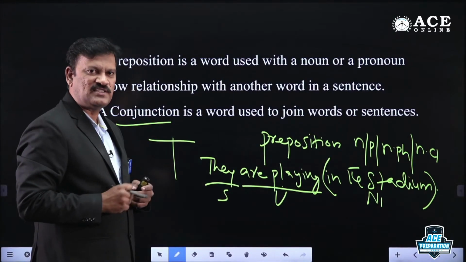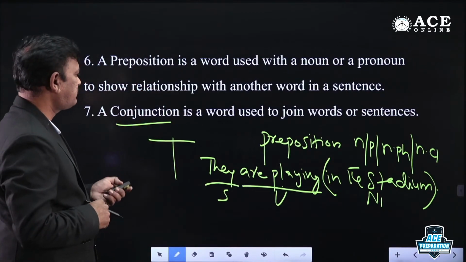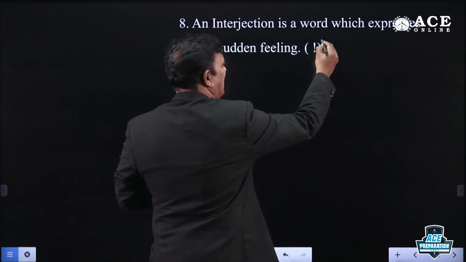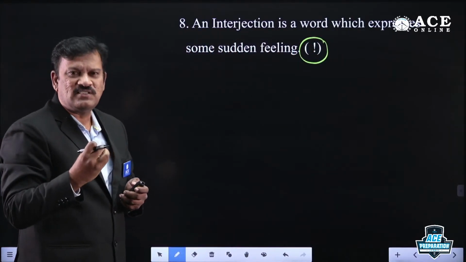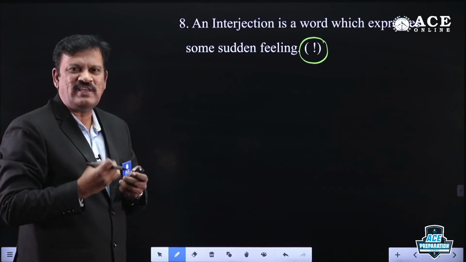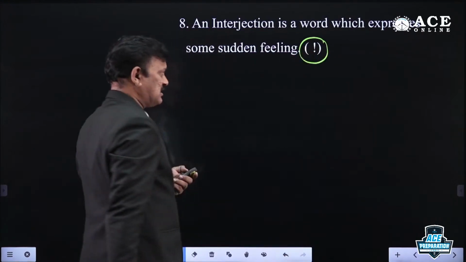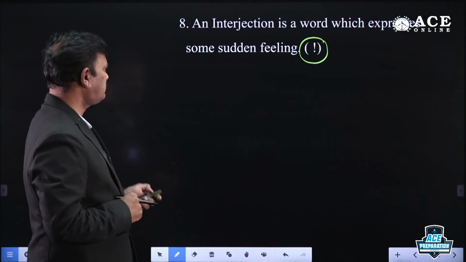As and when it is necessary, I'll talk about that. And look at this, exclamatory mark. That's the signal. Whenever there is a kind of expression of a feeling, that word, we generally have this exclamatory mark. That is the signal we can identify this.